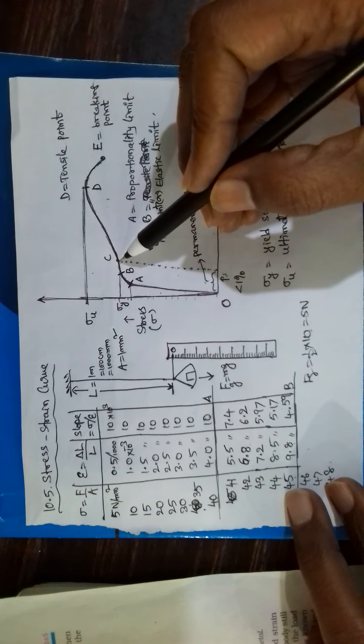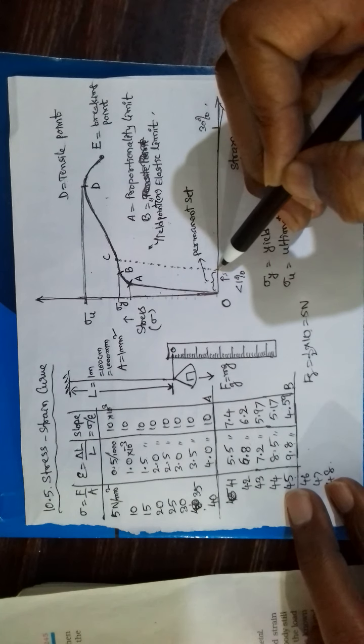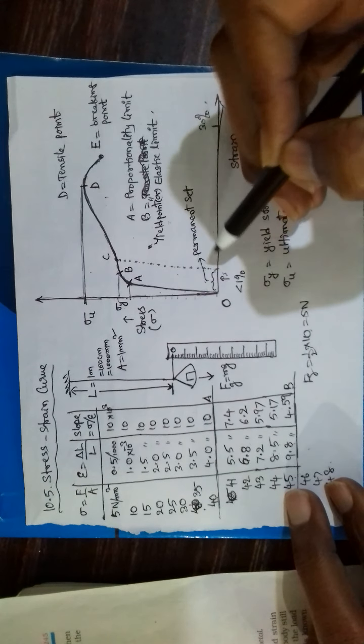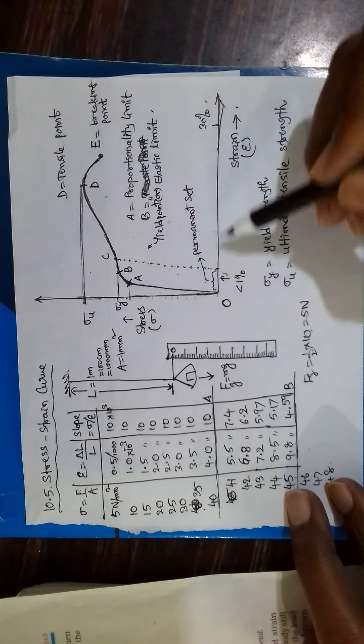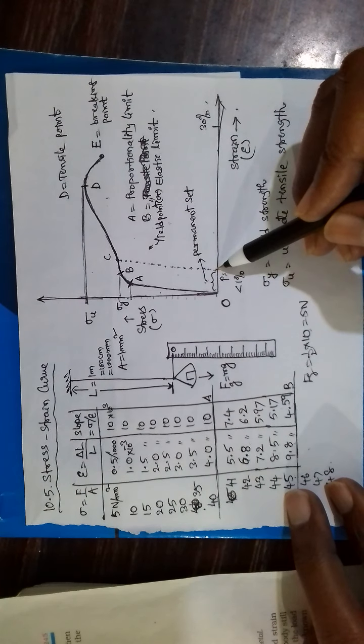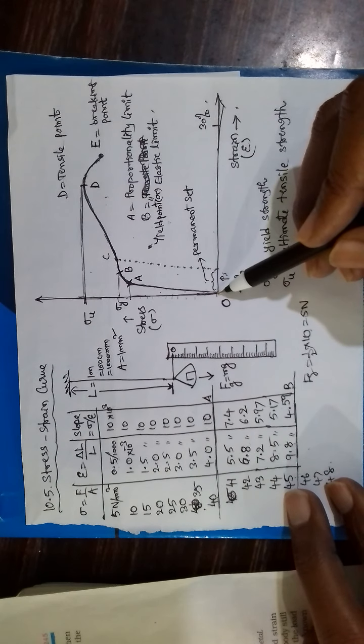Instead, it follows this path and reaches your x-axis here. So here, if the curve touches your x-axis here, what does it mean? It is showing some strain, and stress is 0.